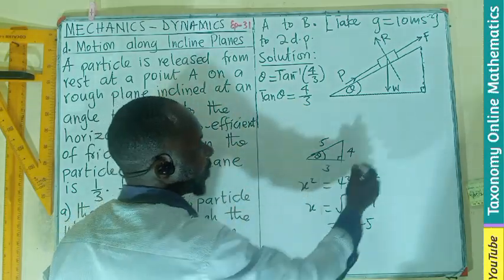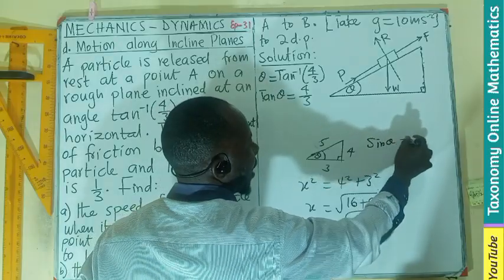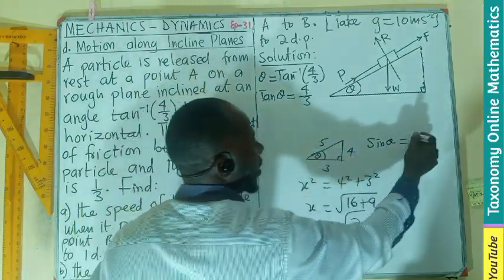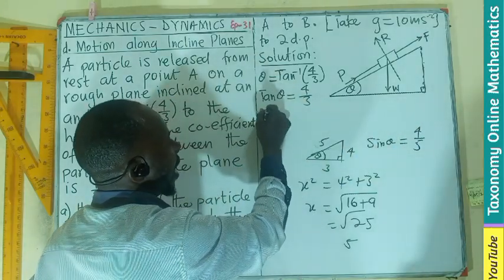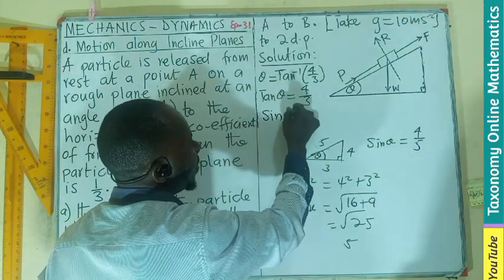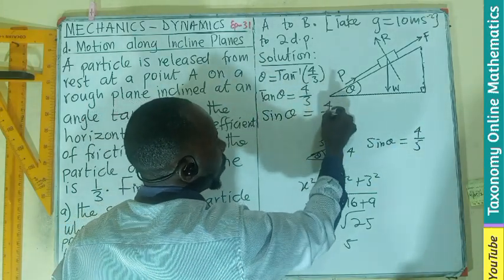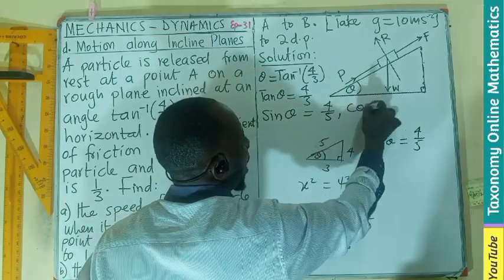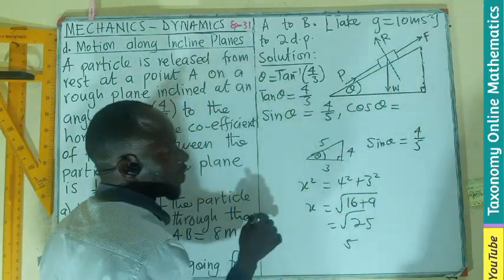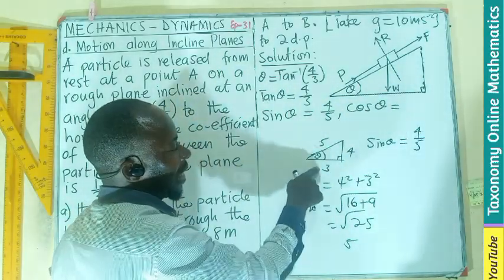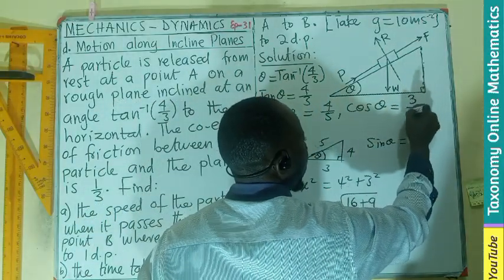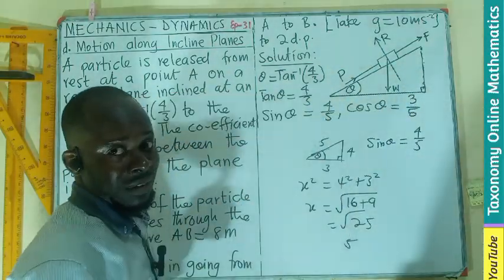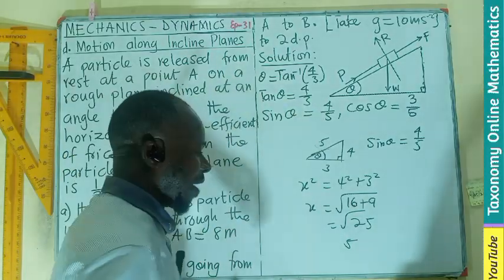Sine theta is opposite divided by hypotenuse, so sine theta equals 4 divided by 5. How about cos theta? Cos is adjacent over hypotenuse, as in 3 divided by 5. I am going to make use of this since I don't have enough space.